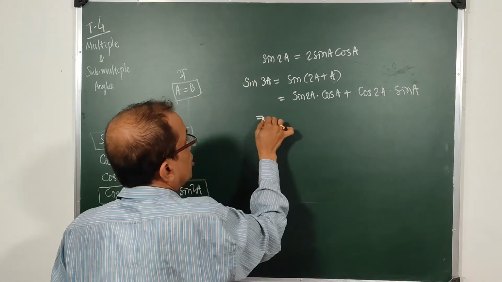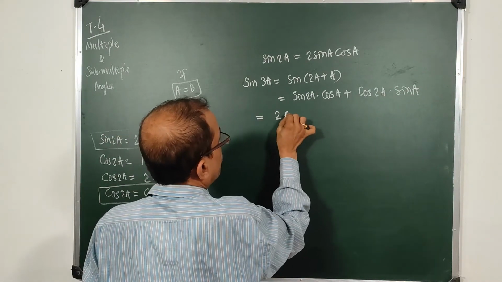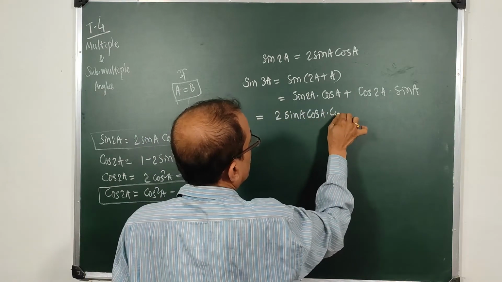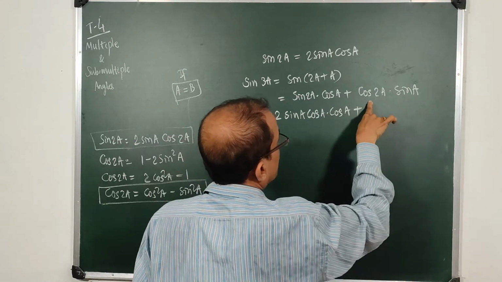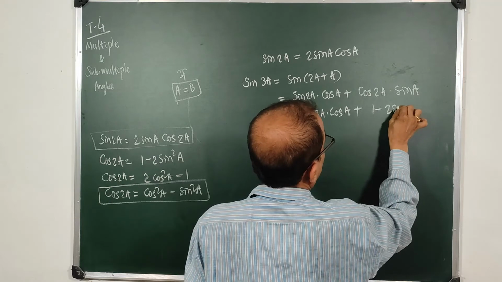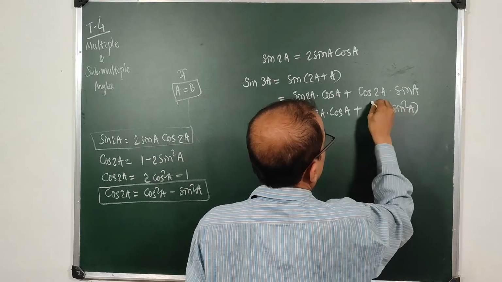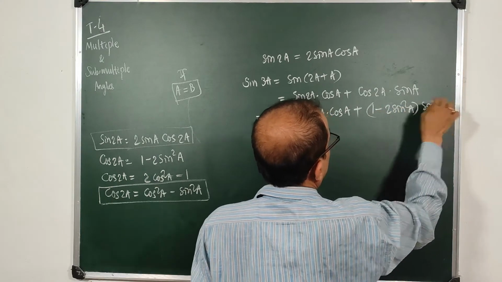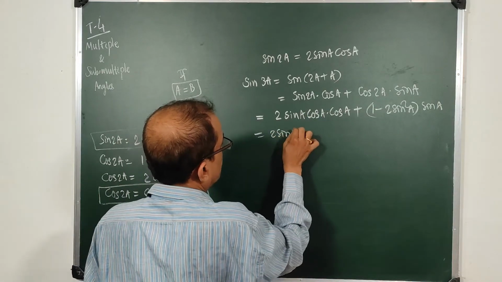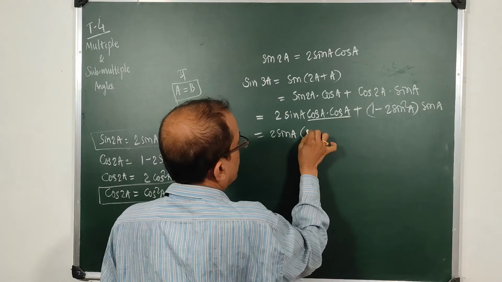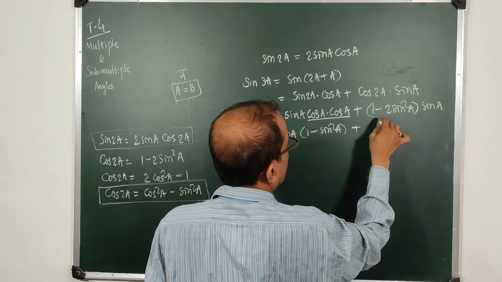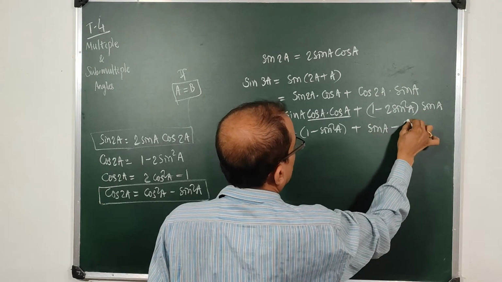If we put values, this will be 2 sin a cos a into cos a, plus 1 minus 2 sin square a into sin a, putting the sin form. Now we get 2 sin a into cos square a, which is 1 minus sin square a, plus sin a minus 2 sin cube a.